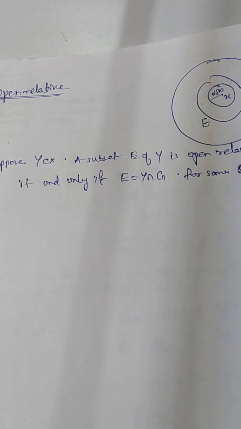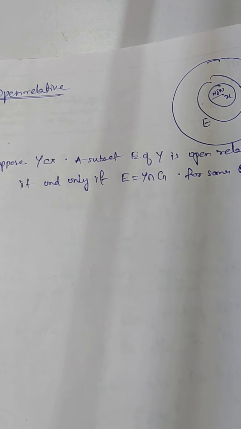In this video I'm going to explain the concept of open relative, but this topic comes under compact sets, where we deal with open covers and subcovers, and in subcovers we have the finite intersection property, and there are also some other topics considered to be included in compact sets.